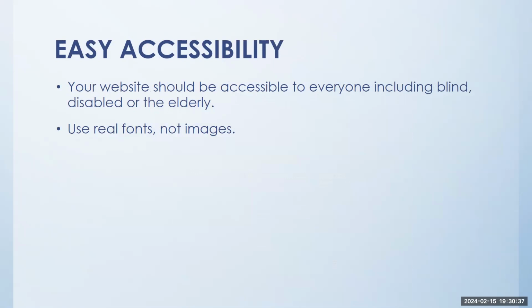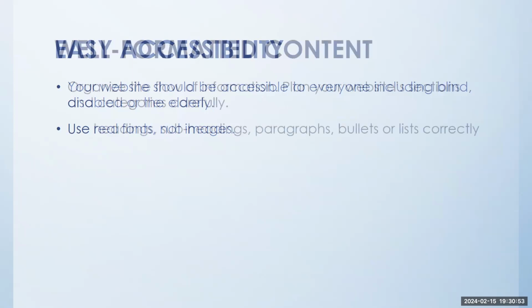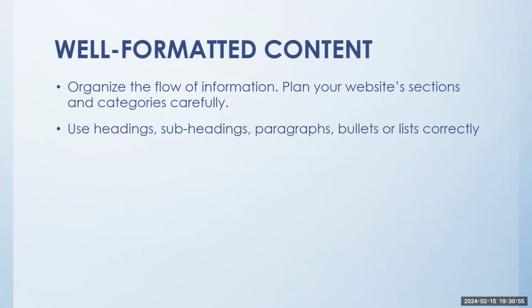Accessibility: everyone should be able to access it. That means you should have information for those who are blind or disabled. For example, you can have an audio clip there so they can hear it. Well formatted: you have to plan it accordingly.